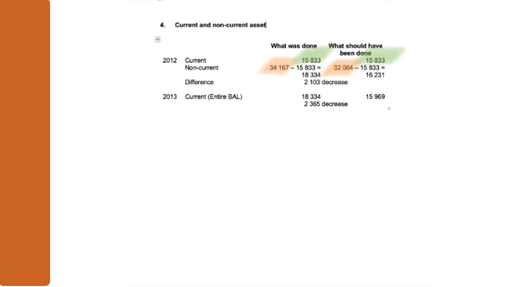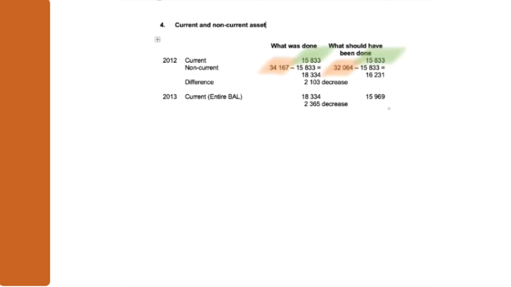So there's actually no difference between what was done and what should have been done if we have a look at the current asset. Both of them take into account what is included in the balance that will be redeemed within the next 12 months. What is that redemption payment that will happen in the next 12 months?